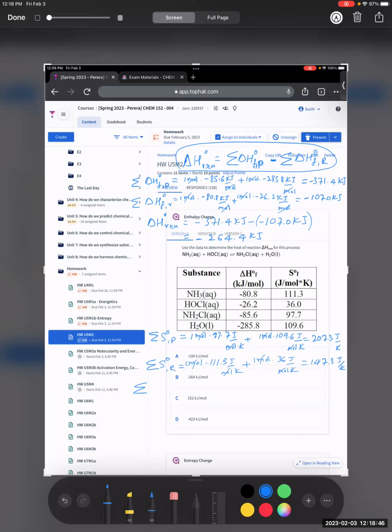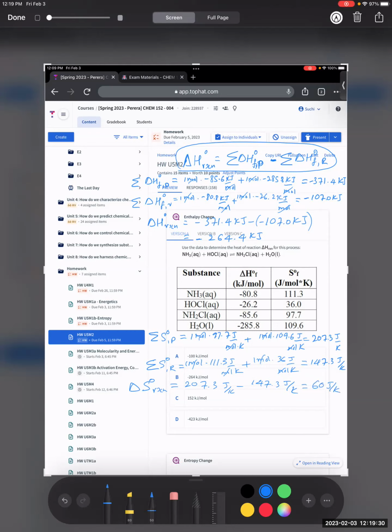Then to calculate the change in entropy for the reaction, that should be products minus reactants: 207.3 joules per Kelvin minus 147.3 joules per Kelvin. Wow, it seems to be 60 joules per Kelvin.